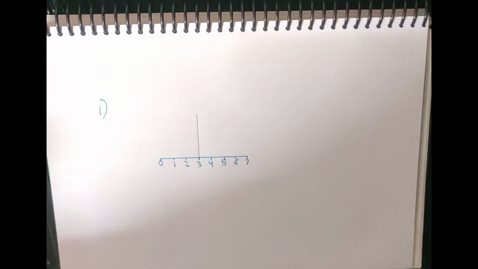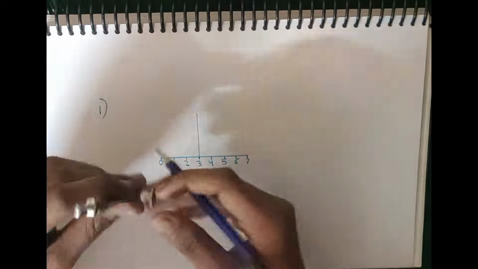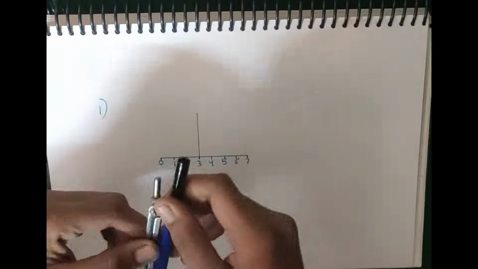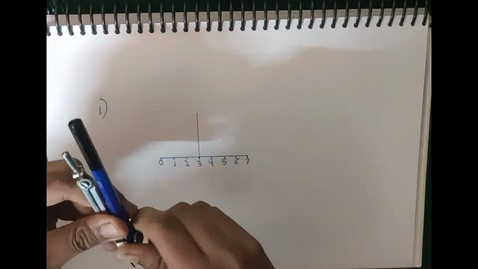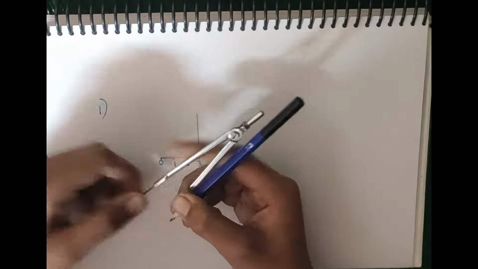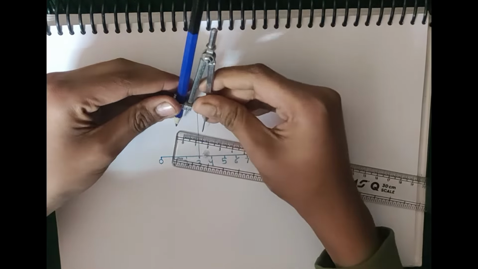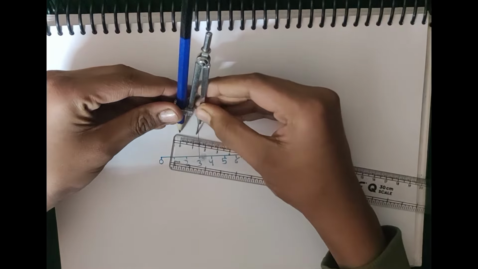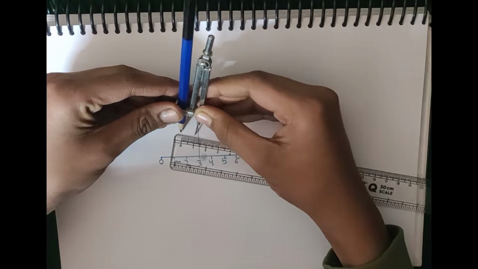Now we need a compass and we need to put a pencil in it. Now we have to take 1 centimeter of distance in our compass. So I have taken 1 centimeter on my compass.